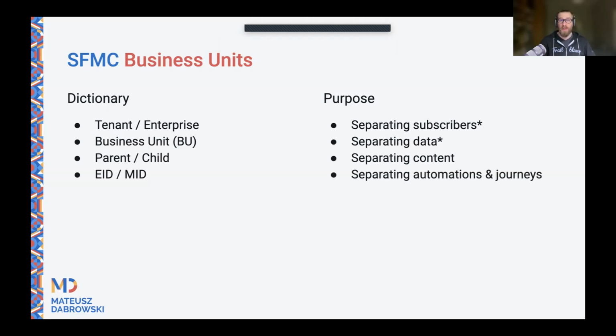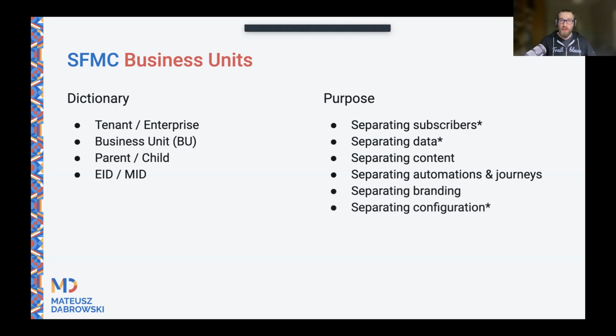You can separate automations and journeys to make it just much cleaner and more obvious to everyone that, okay, this journey is specific to this specific brand, market, or however you wish to split your business units. It's also related to the branding, as I mentioned. So all the names, all the logos will be separate on each business unit, and you can control it.